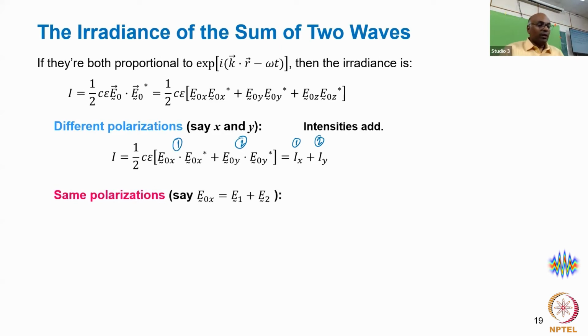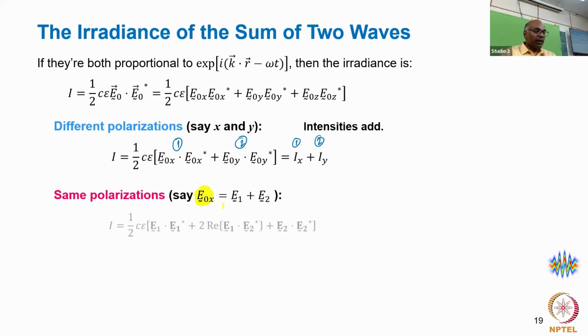But then let's turn to the other scenario where the electric fields E1 and E2 corresponding to these two waves essentially are both along the x direction, okay? So now if the two waves have their polarization along the x direction, it simply means that the electric field values for the y and z components are both identically 0.